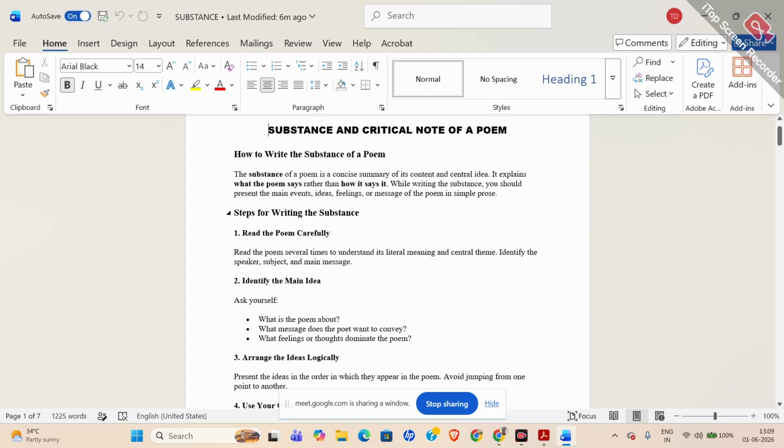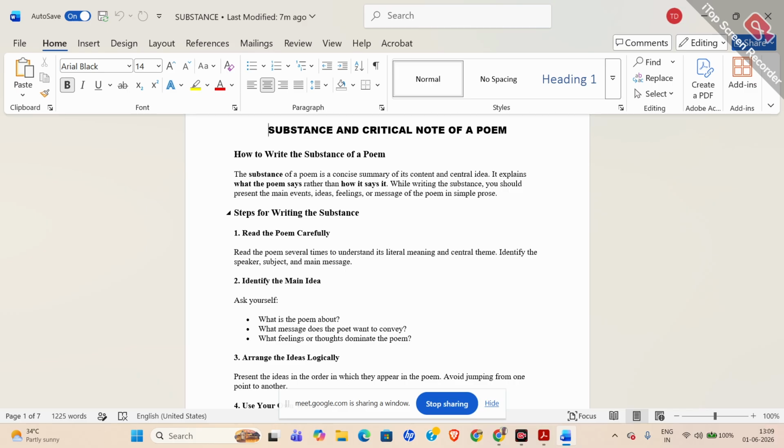When you are reading a poem, you are reading it with all its rhythm and rhyme, so you have a different feeling. But when you are writing a substance, you are writing in a prose form.